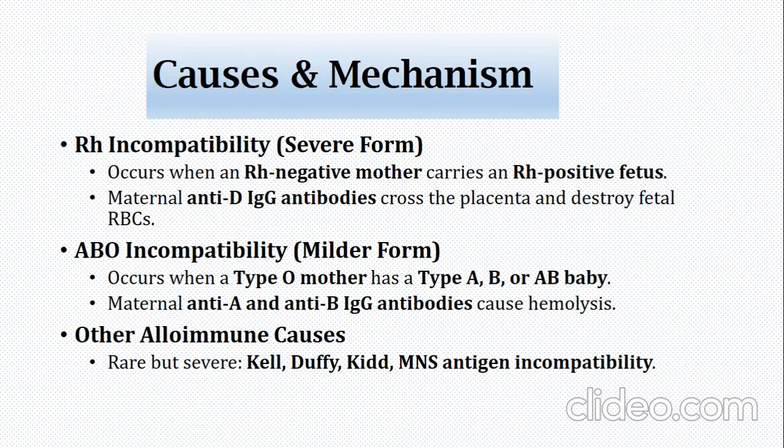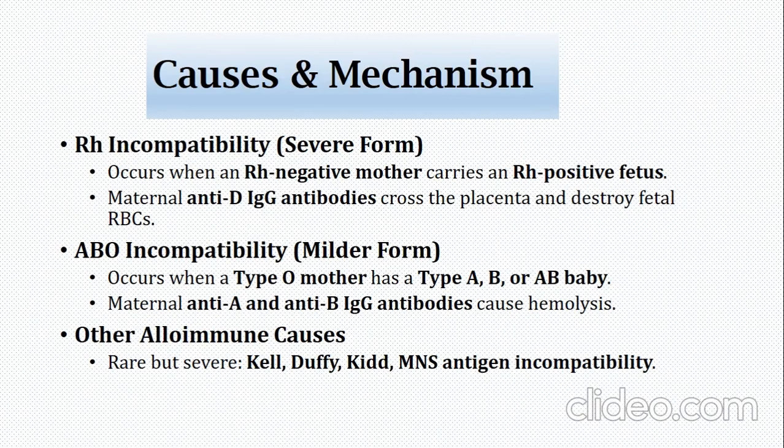There it triggers hemolysis, which is the destruction of red blood cells of the baby, of course inside the fetal circulation. This will cause hemolysis and subsequent anemia, bilirubin accumulation, and the potential accumulation of fluids in one or more compartments, which is hydrops fetalis, Erythroblastosis Fetalis.